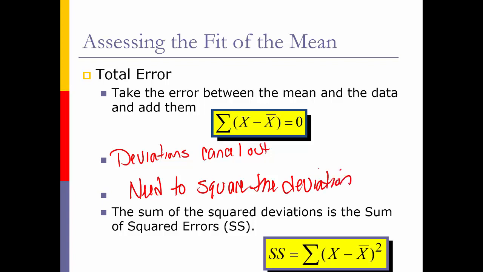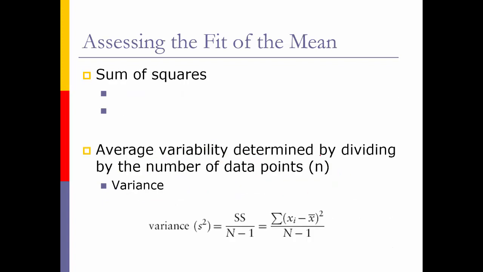So in order for our deviations not to cancel out, we actually need to square those deviations. And when we square those deviations, it's now called the sum of squared errors, because the deviation is just another word for error. All right, so the sum of squares is a little bit better measure of our data set, particularly for overall variability.